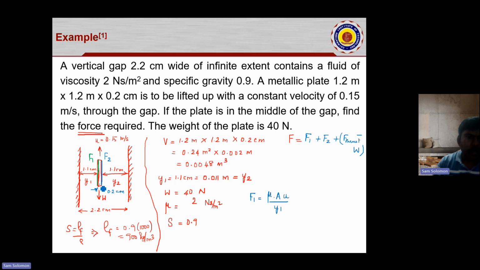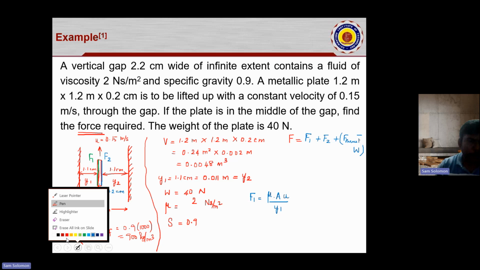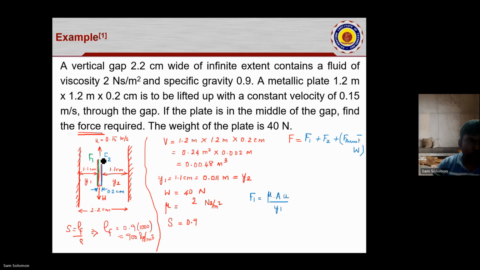So if this is going to be the center line, the thickness of the plate on this side is going to be 0.1, and on this side it's going to be 0.1. So 1.1 minus 0.1, that is going to be 1 centimeter.